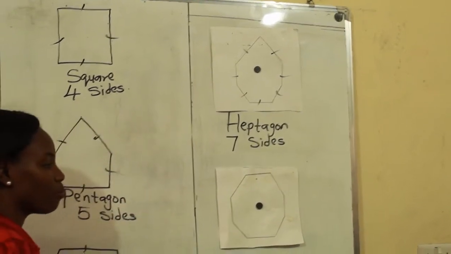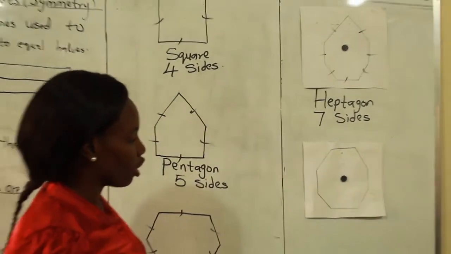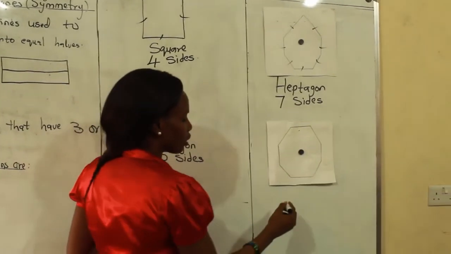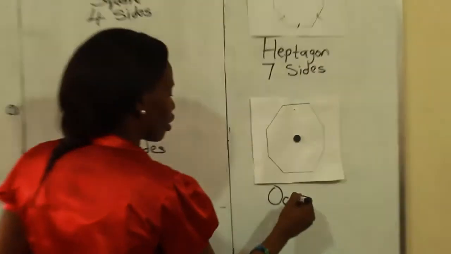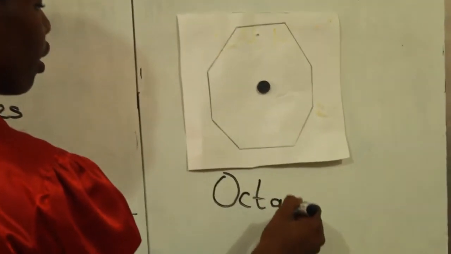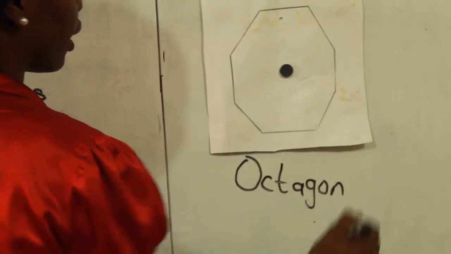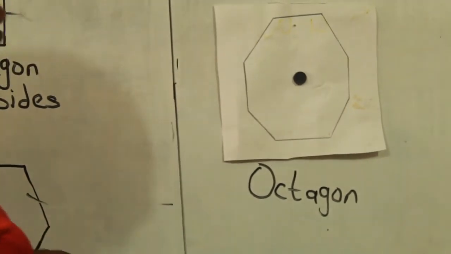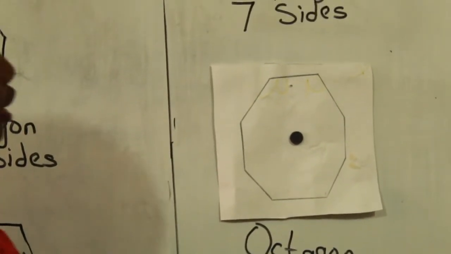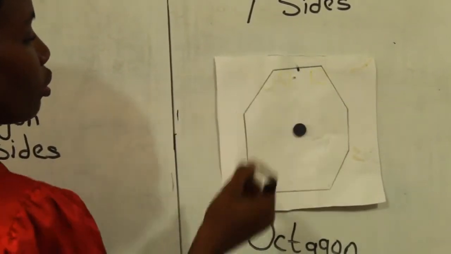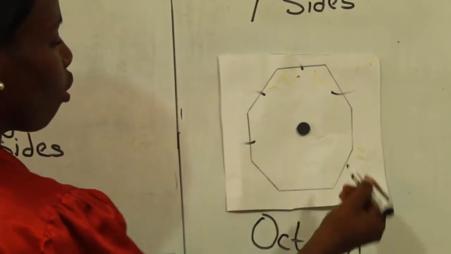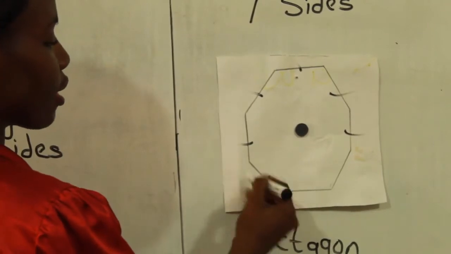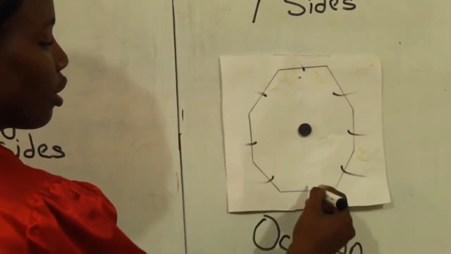And the next shape here is called octagon. Octagon is spelled O-C-T-A-G-O-N. And it has 8 sides. Let's count. 1, 2, 3, 4, 5, 6, 7, 8.